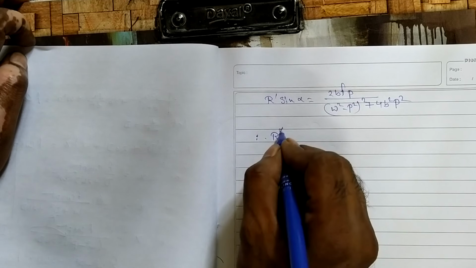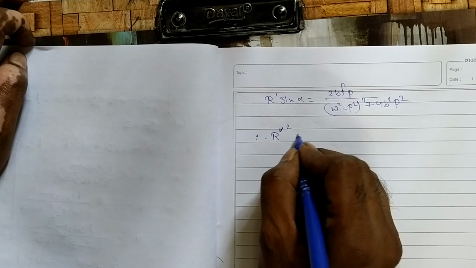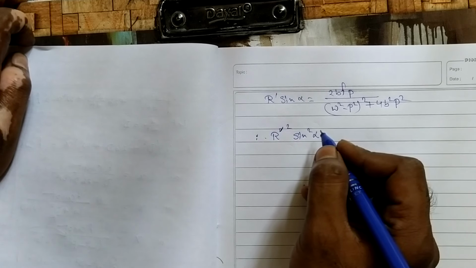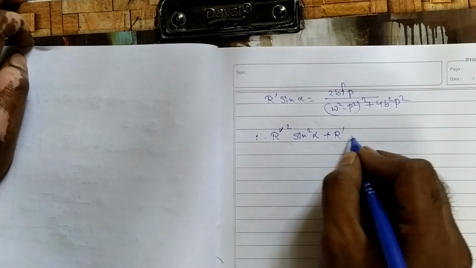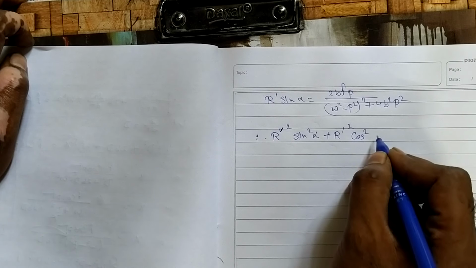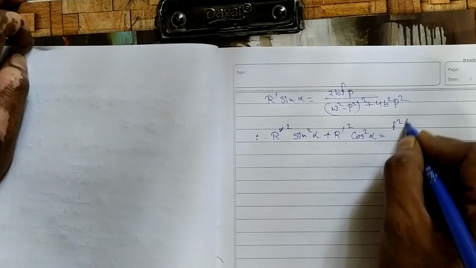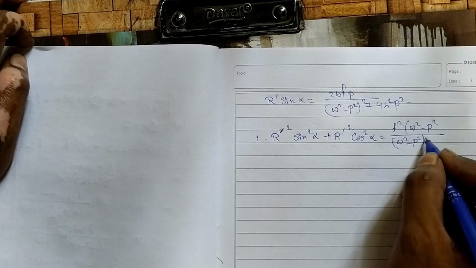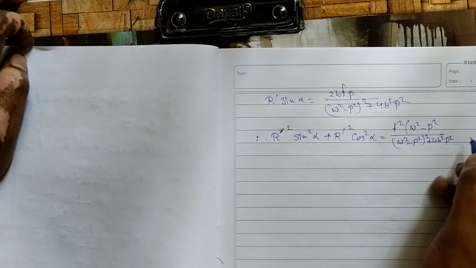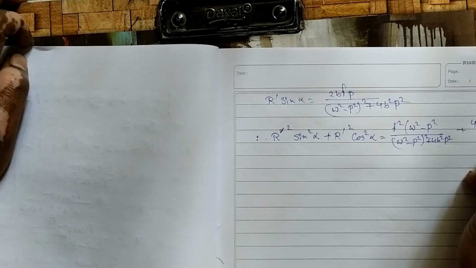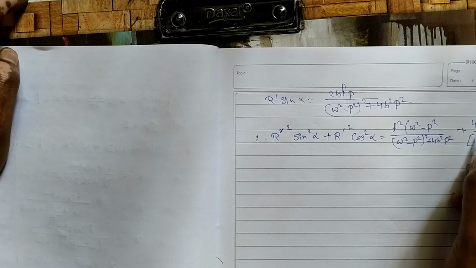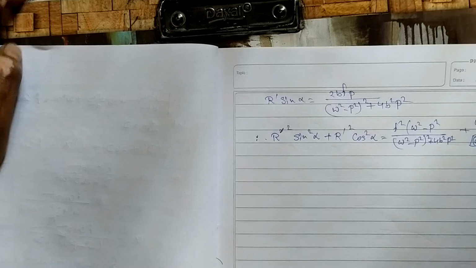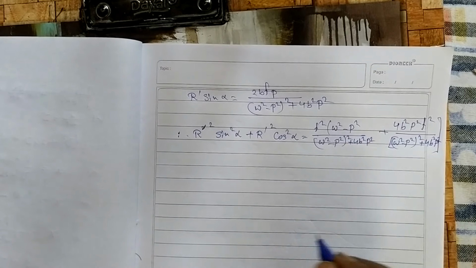Then r dash square sin square alpha plus r dash square cos square alpha is equal to f square (omega square minus p square) whole square plus 4b square p square f square, over ((omega square minus p square) whole square plus 4b square p square).